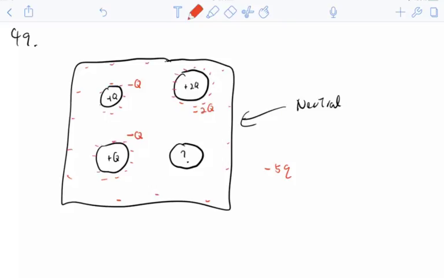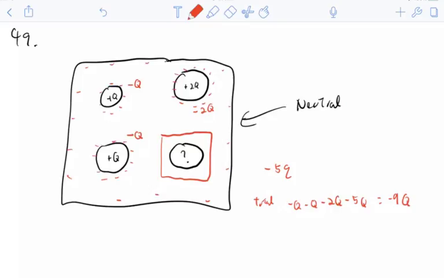So, what's going on here? Based on conservation of charge, you know that all of these different surfaces have a total of minus Q, minus 2Q, minus 5Q. So that's 1, 2, 3, 4, minus 9Q worth of charges on all the other surfaces.